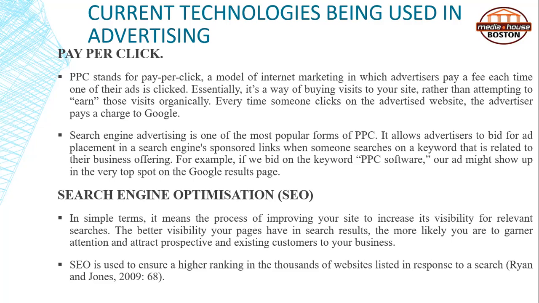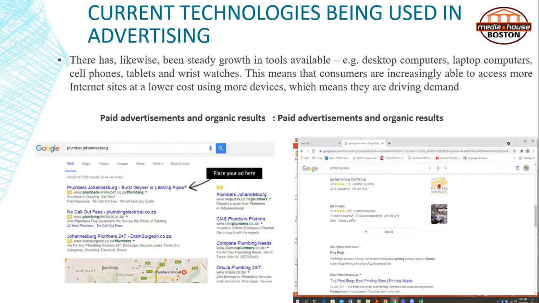Okay, so search engine optimization, this is how it works. Through your website, you create keywords that are very important to your business so that when someone is searching for those keywords, your website automatically pops up, either first or second, but it will be up on top.